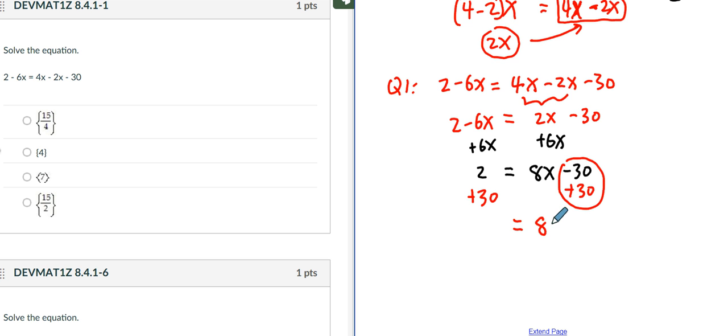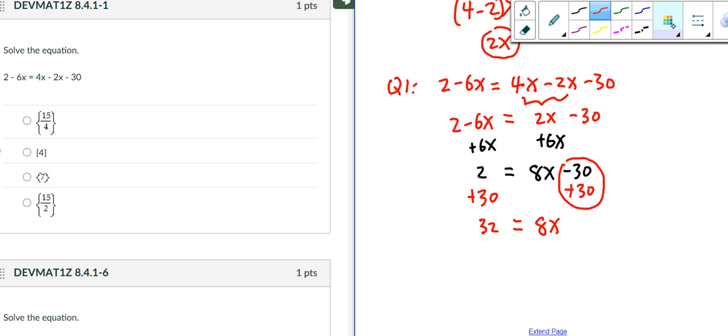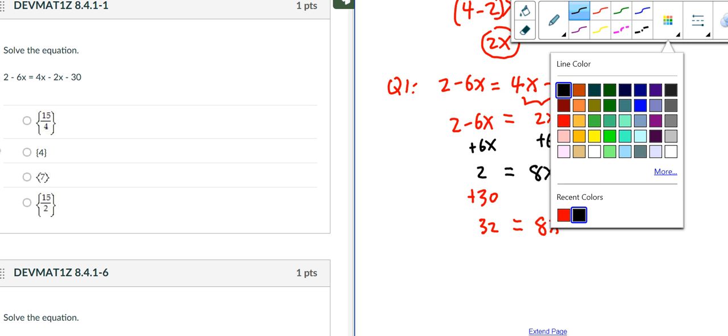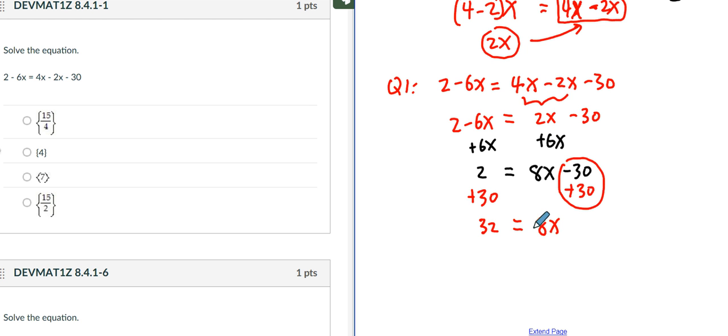So we have 8x on one side, and 30 plus 2 is 32. And then divide by 8 on both sides, because between 8 and x is multiplication, right?